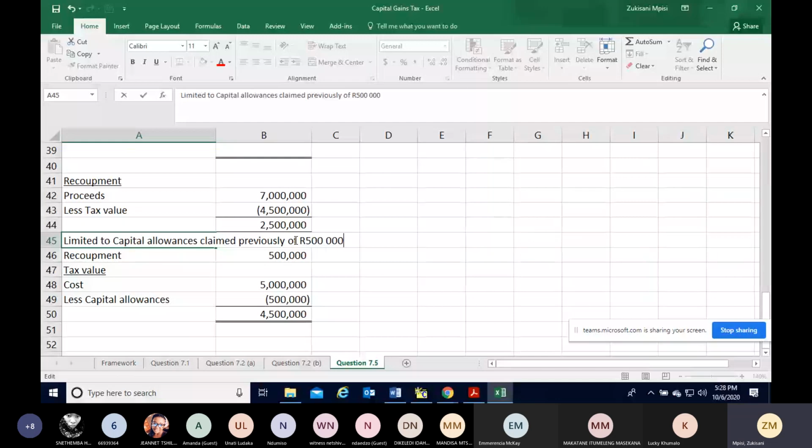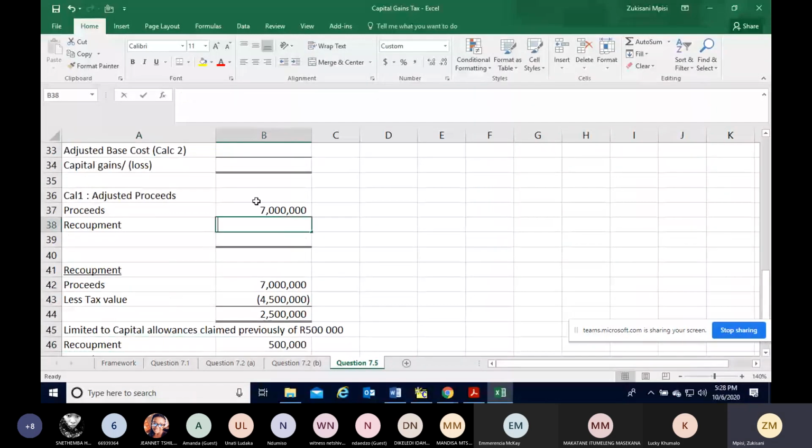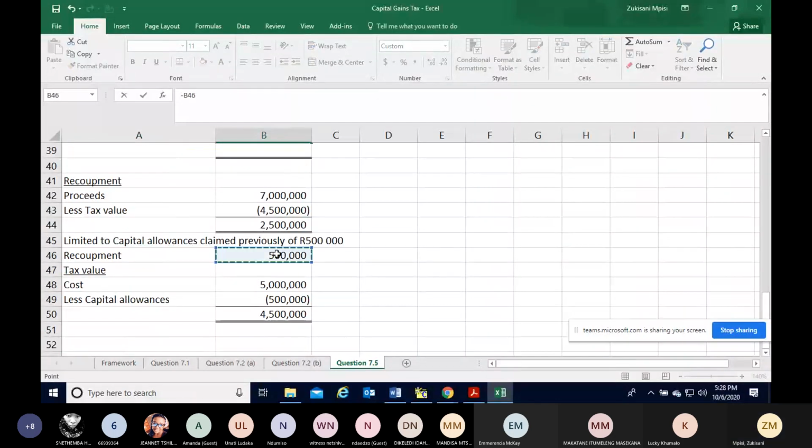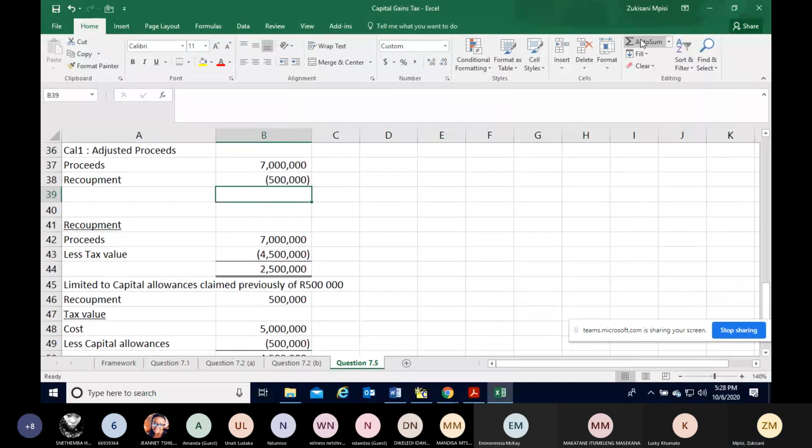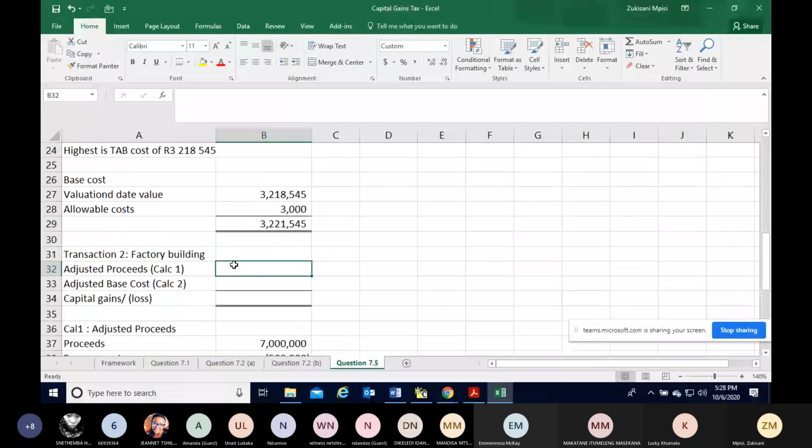Therefore, our recoupment is going to be 500,000. Adjusted proceeds 6.5 million. So there we have got 6.5 million.